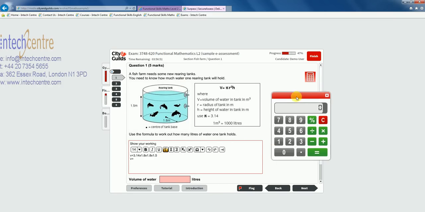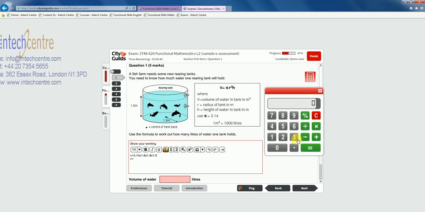And then I would then just find this out on the calculator. So again, I'm going to move the calculator here so I can see the values. That's 3.14 times 1.8, 1.8, 1.5. Normally with indices, as BIDMAS says, you need to work out indices first. So that will be 1.8 times 1.8 multiplied by 3.14 multiplied by height.